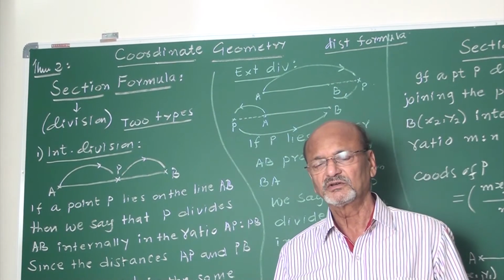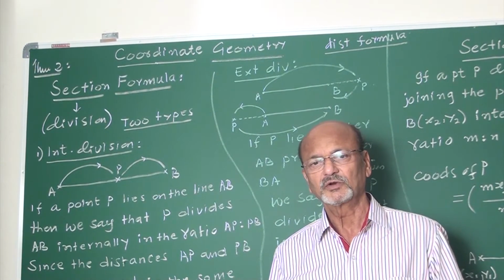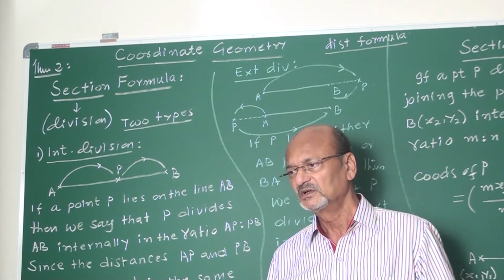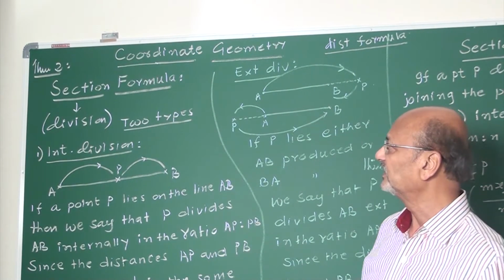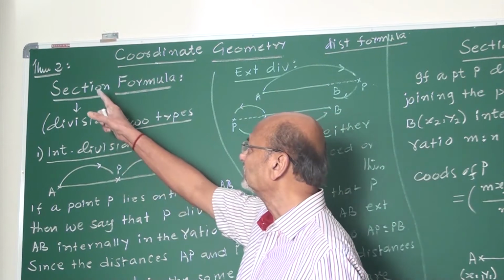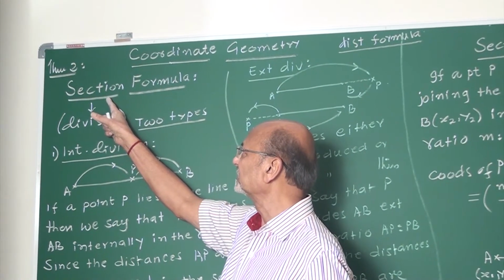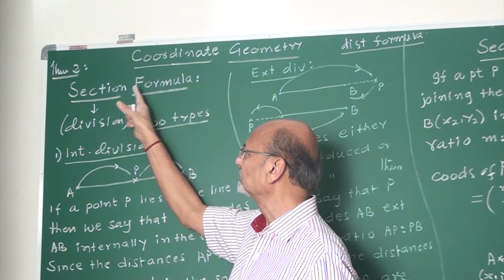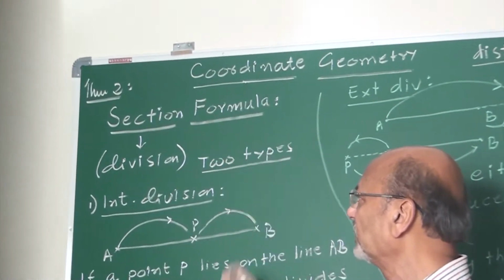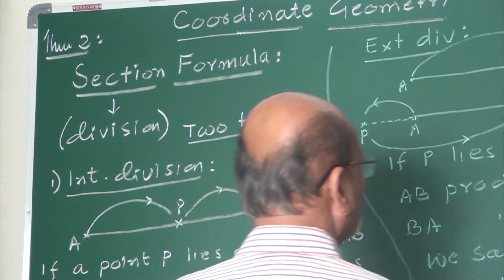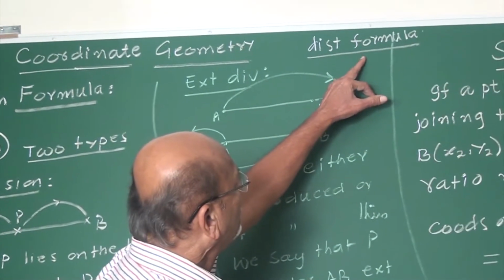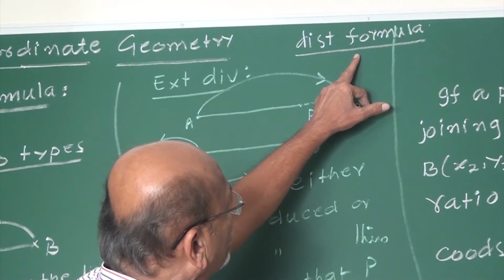After the completion of the distance formula as well as the based examples, the next theorem, number 2, is the section formula. My friends, in the case of the distance formula, I have done the method of proof, everything.